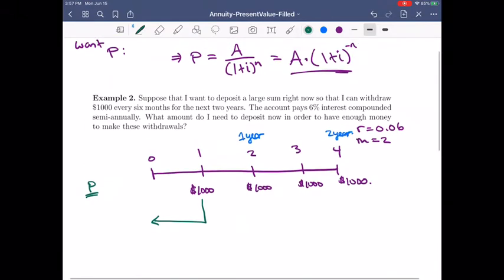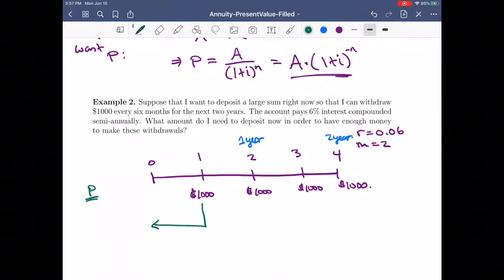I want my A to be 1,000, and I want to find P. Using the formula above, this is going to be 1,000 times (1 plus 0.03) to the minus 1, because it's one compounding period, so n is 1 here. I is r over m, so that's 0.06 over 2, or 0.03. That's where that 0.03 came from.